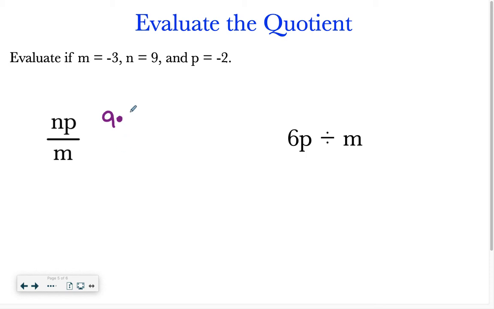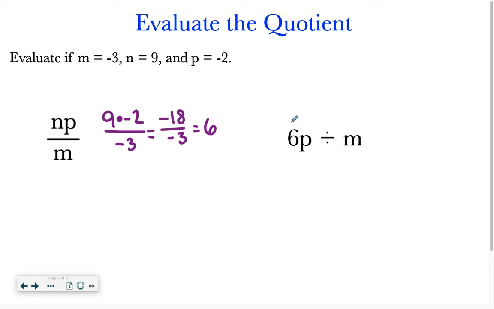So I'm going to use the dot, and then p is -2. So I have 9 times -2 on top of my fraction. Then I have a -3 on bottom. So 9 times -2 is -18 divided by -3. Negative divided by negative is positive, and 18 divided by 3 is 6.